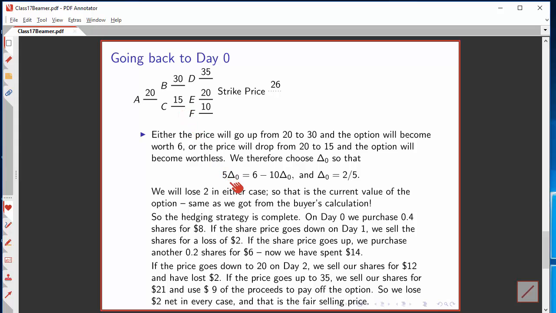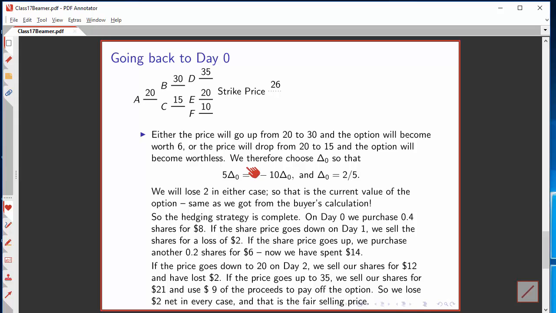So, as before, we choose a number of shares delta 0 so that what we lose if the shares go down, namely 5 times the number of shares we buy, is the same as what we lose if the value of the option goes up.